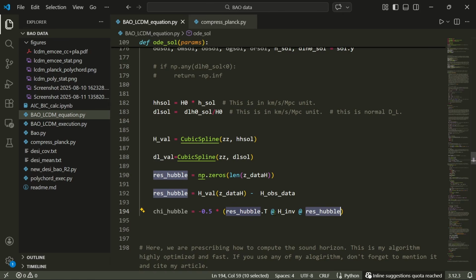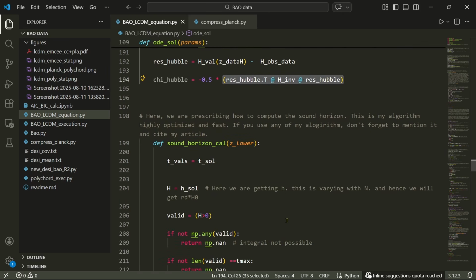Let us say there is 17 Hubble data, or 32 Hubble data, 32 times 1. Here this becomes 32 into 32, and this becomes 1 into 32. So everything will return one scalar, because chi square is just one value. It cannot be an array. If you get any error, maybe your product is not the same. So you have to understand the dimensionality of your matrix.